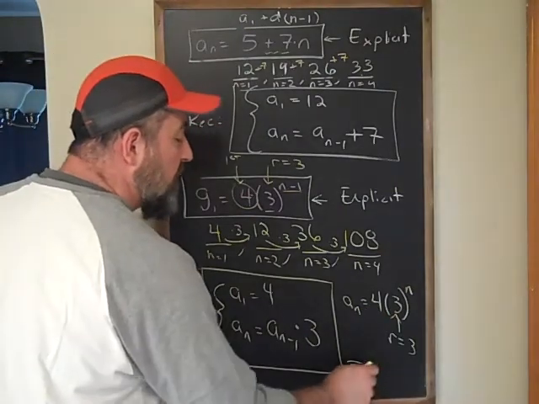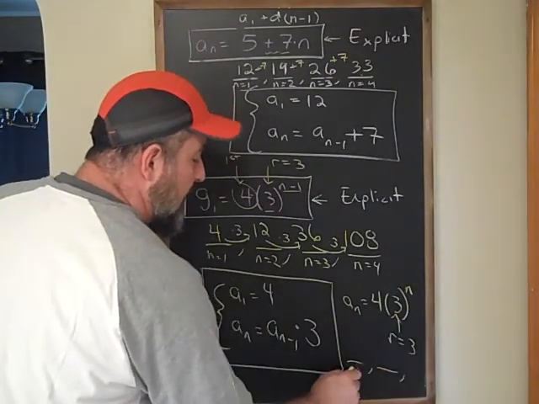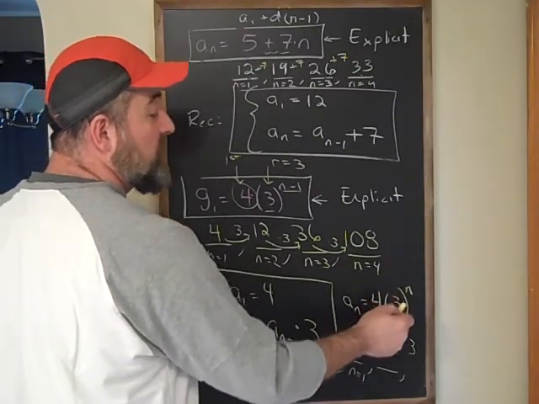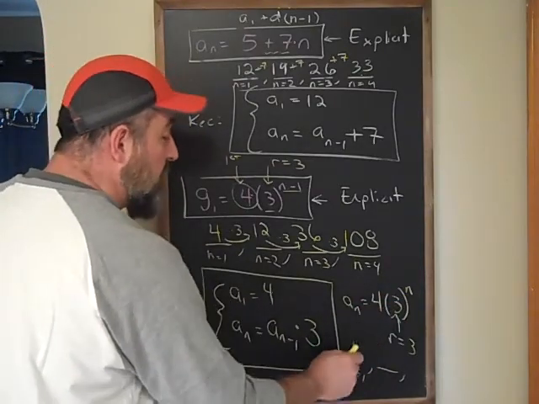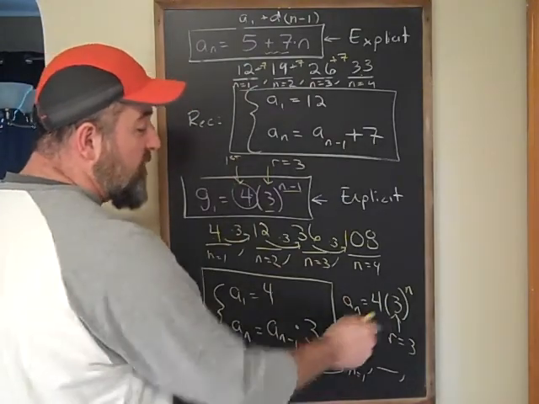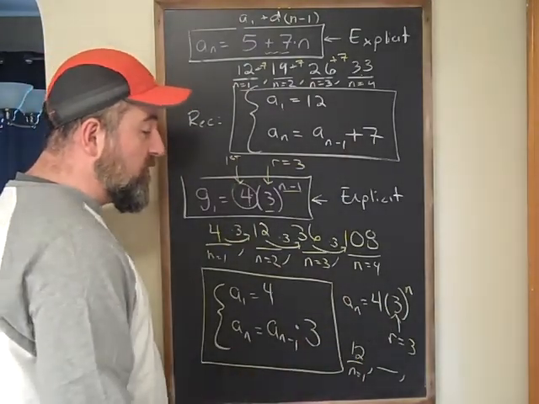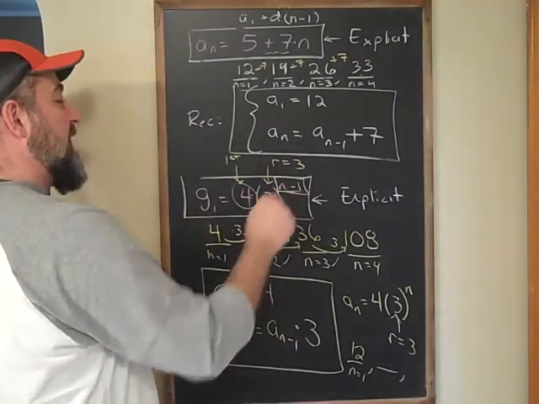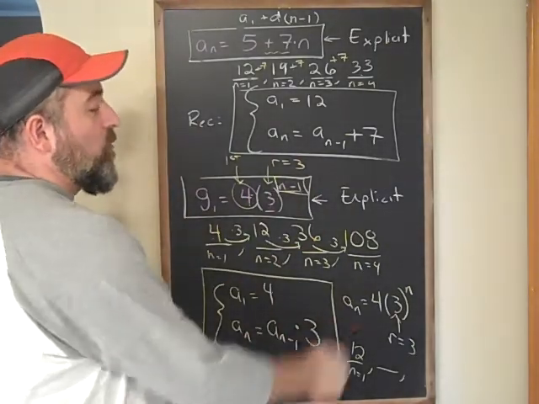The way you're going to find your first term is by letting n equal 1. Well, when you let n equal 1 in this one, 3 to the 1 is 3. 3 times 4, the first term of a sequence that would have that formula, the first term would be 12. This one has a first term of 4 because we see that n minus 1. So watch out for that.